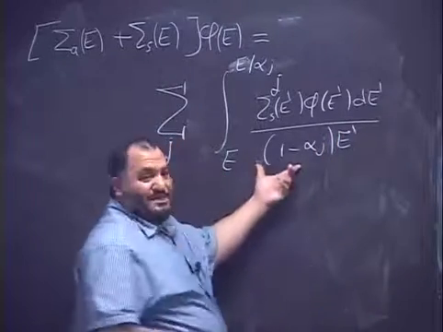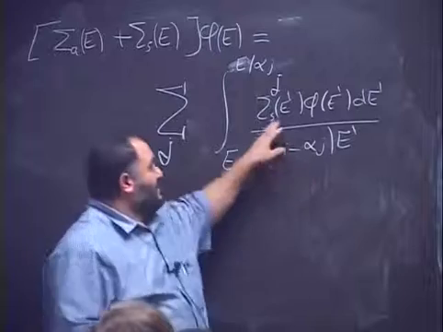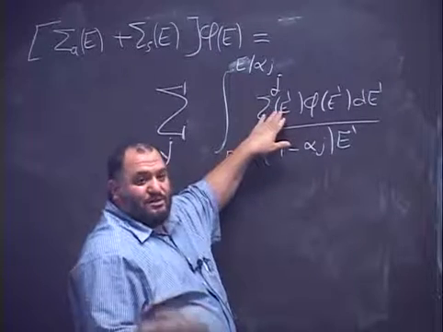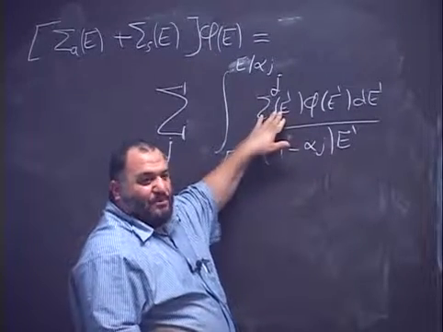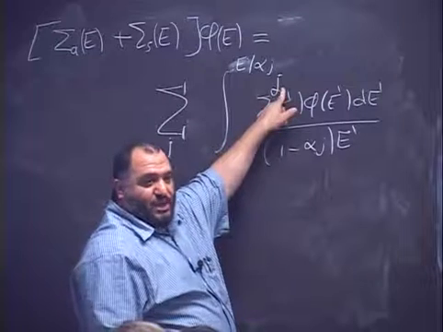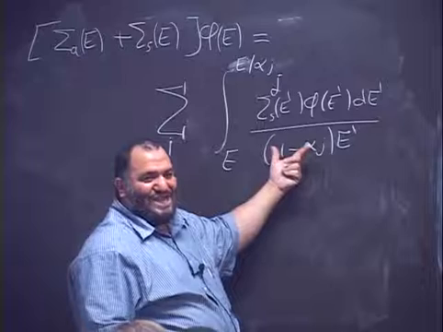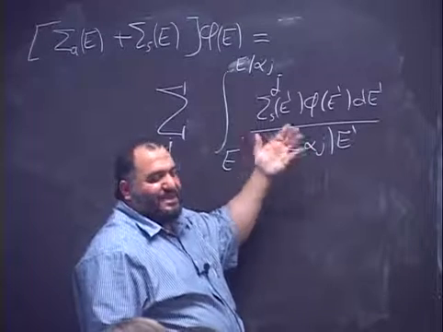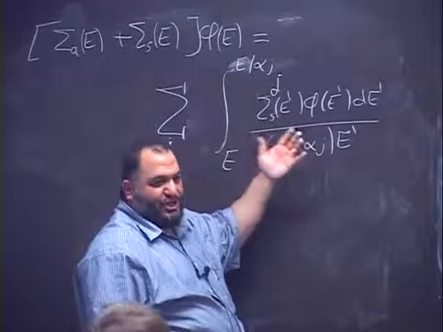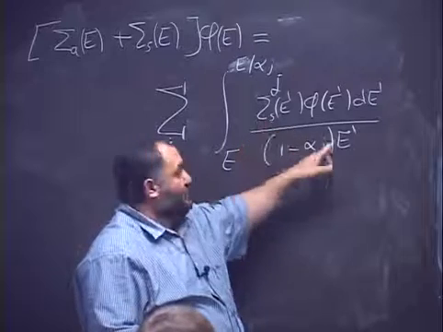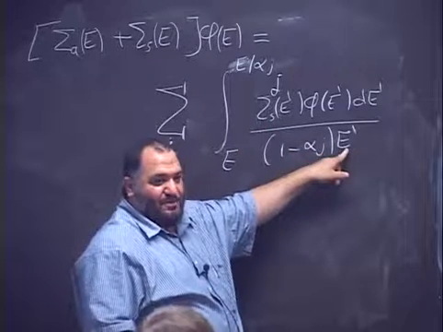What is this? It is the total scattering at energy E prime from isotope j, multiplied by the probability that you will go to energy E. It is independent of energy E; it only depends on the initial energy, E prime.